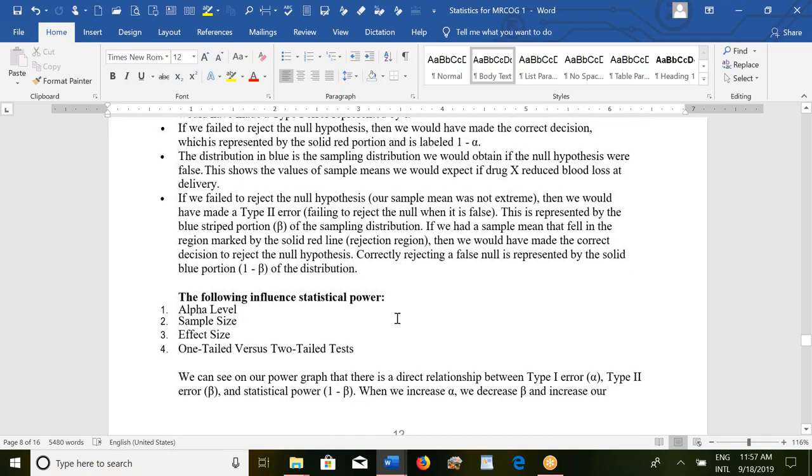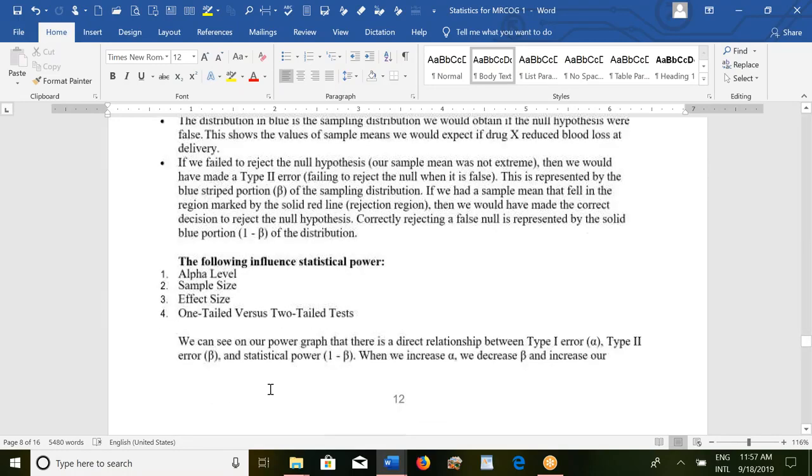So how is statistical power affected? These factors influence statistical power: alpha level, sample size, effect size, and one-tailed versus two-tailed test. So we can see from our power graph that there is a direct relationship between type 1 error, type 2 error, and statistical power.